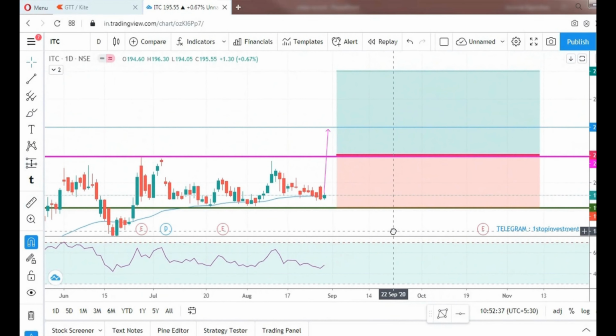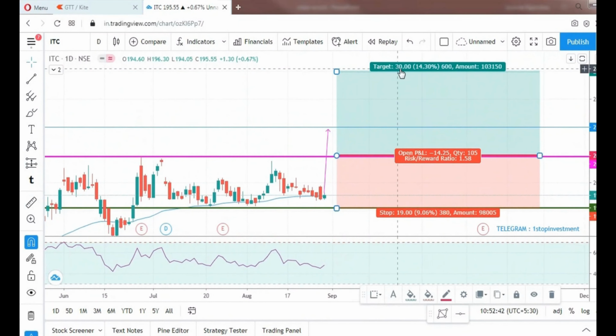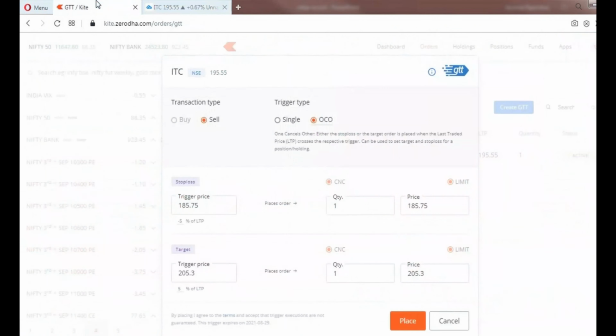If you see the current position, we have a target of 30 points from the entry and 19 points stop loss. We will see how we can automate these levels in the OCO trigger type. In the stop loss section, enter the limit price at 191 and 240 in the target price.